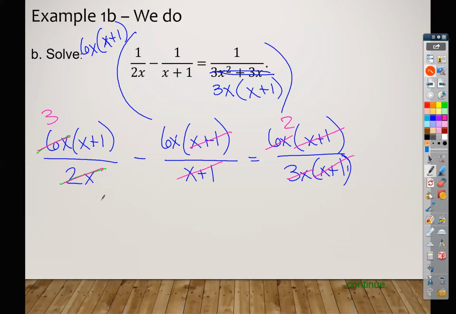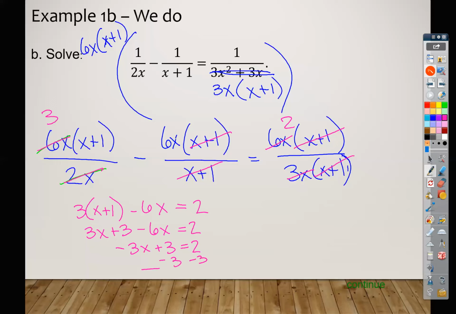So let's write what's left and distribute. So 3 times x plus 1 minus 6x equals 2. That's all I have left after all that factoring and simplifying. So distribute: 3x plus 3 minus 6x equals 2. Combine like terms, I would get negative 3x plus 3 equals 2. Subtract the 3, and I would get negative 3x equals negative 1.